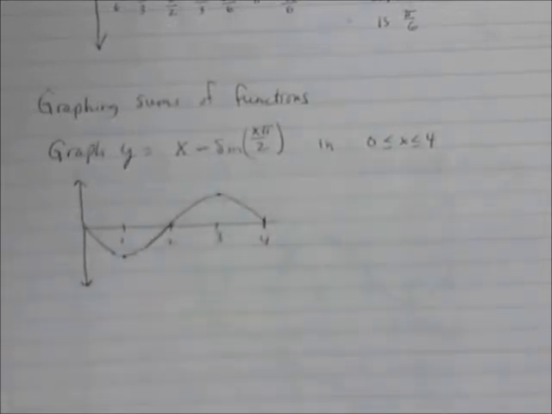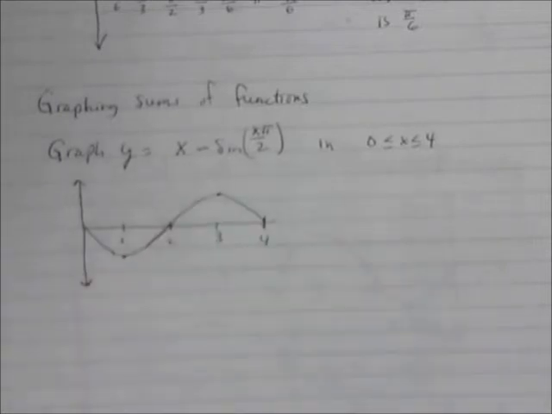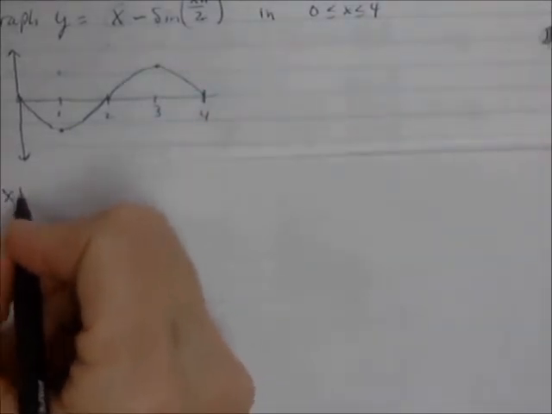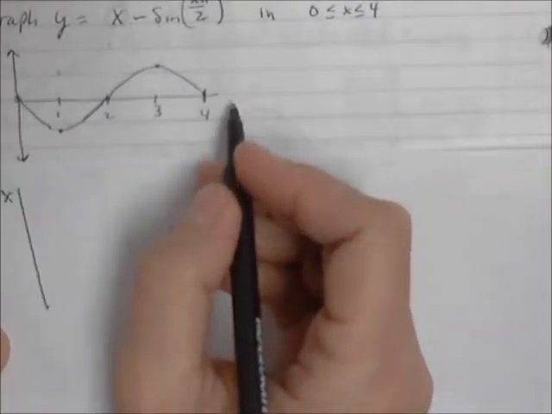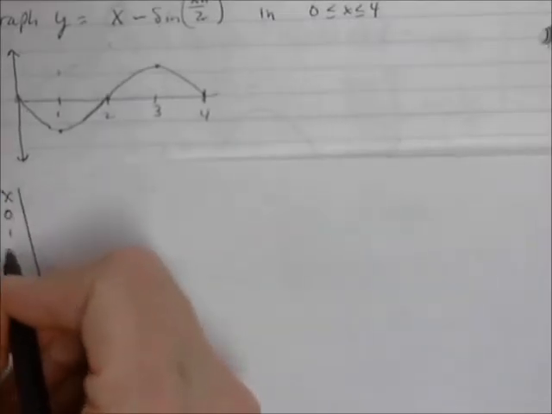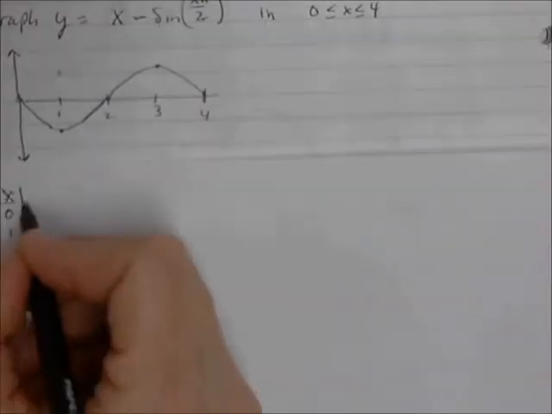Next thing I'm going to look at is the other value. So I'm going to make a table of the important x values that I just graphed, and they were 0, 1, 2, 3, and 4. Those are the key values for x.